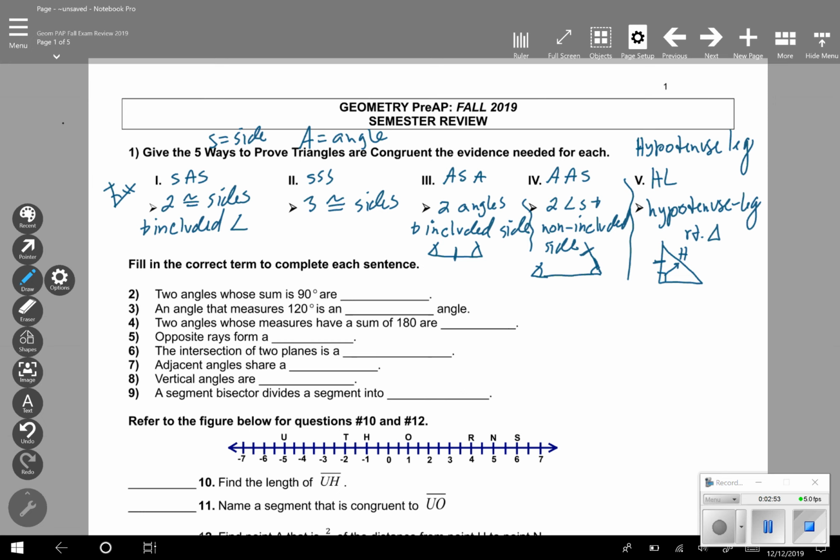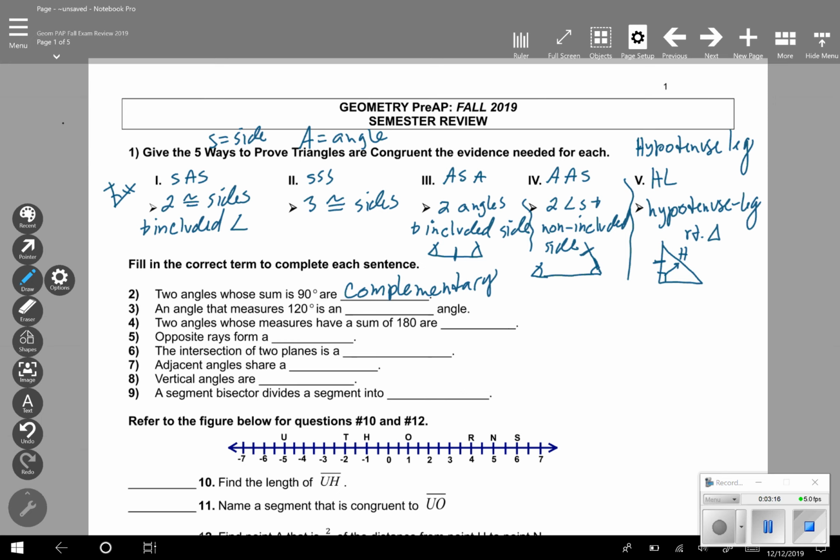Okay, next thing, it says 2 angles whose sum is 90 degrees are complementary. That's not how you spell that. Complementary. Okay, because remember, it's always right to give a complement.